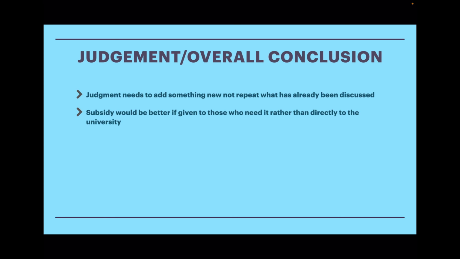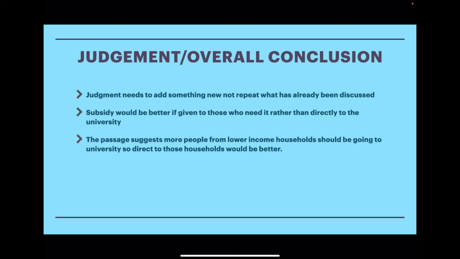So you could give this in the form of, like it used to be, a grant, where students were given money from the government, and that money was means tested. So those on lower incomes would get a bigger grant, those on higher incomes might get nothing. So giving it directly to the student would help solve the problem identified in the passage of not enough students from lower income households going to university.